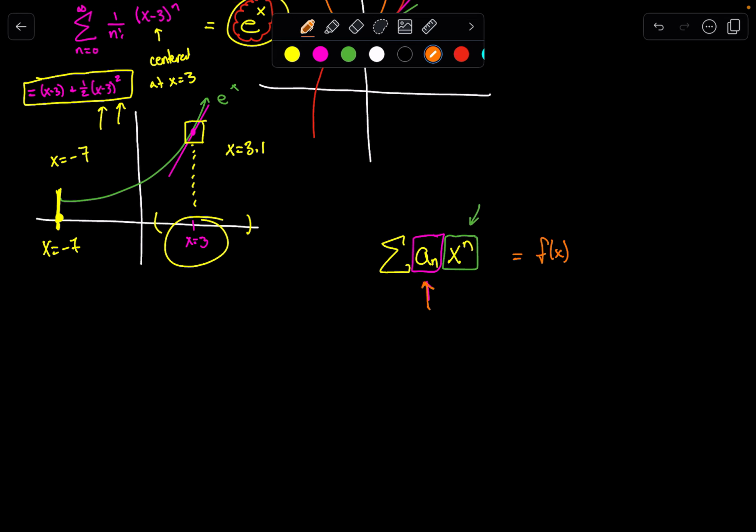So the next video basically covers, well, how do we get these coefficients? Can we figure out a way? Is there a mathematical way to come up with these coefficients that will then make this entire power series converge to some function? Or in other words, can you give me a function and tell me a way to generate this power series?